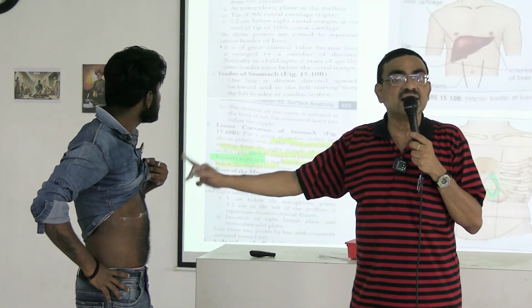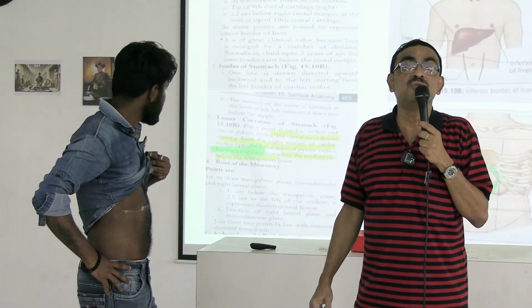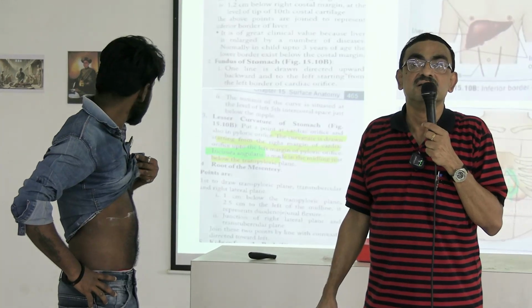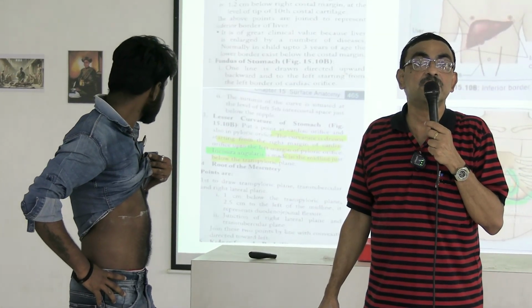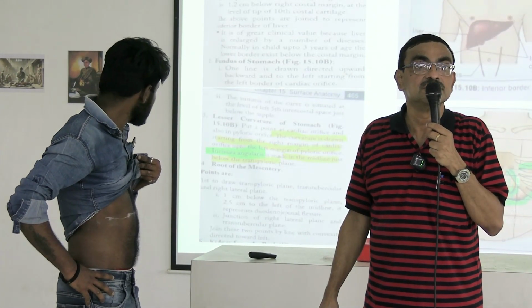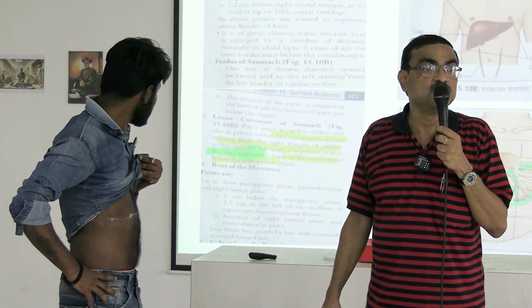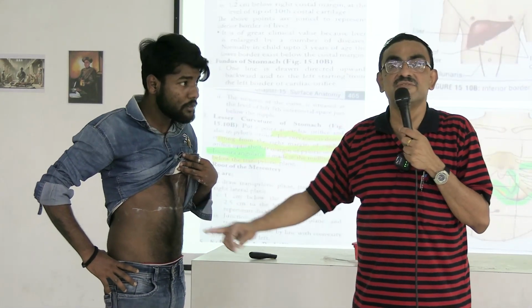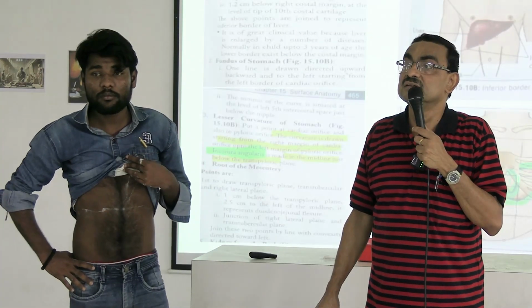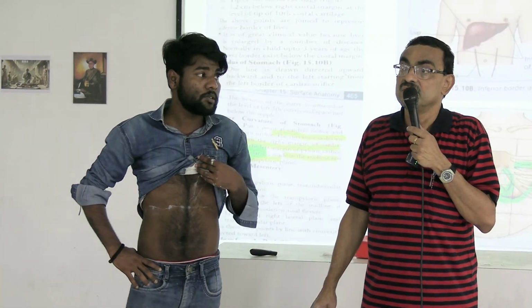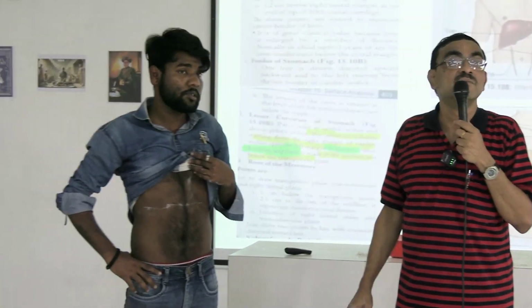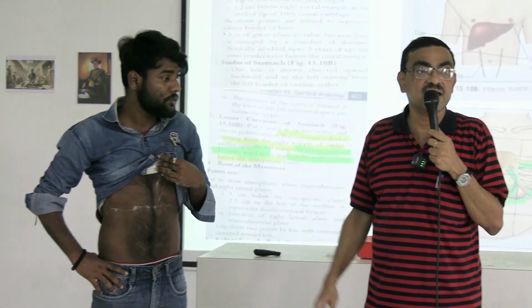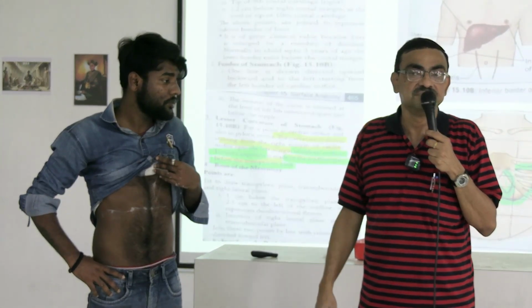And along the greater curvature and the lesser curvature, in which curvature will you get the development of peptic ulceration? Yes, this is the lesser curvature where you will get the incidence of peptic ulceration. There are several points. Okay.